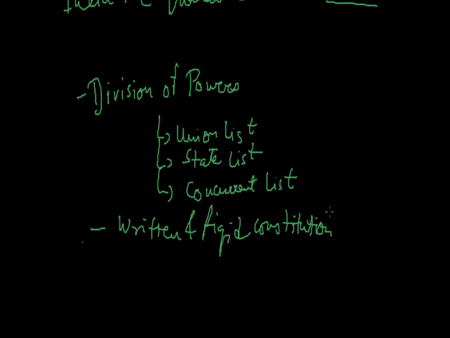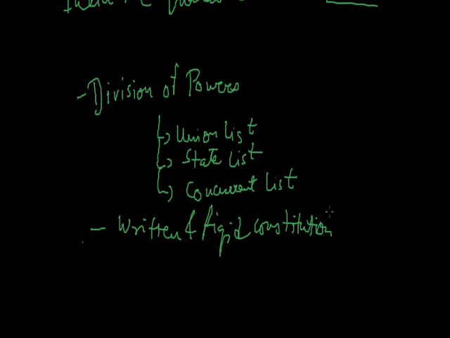And rigid means changes can be made, but no changes can be made until and unless both the state and central governments approve the change. And the constitution is supreme. It means all the powers exercised by the central and state governments are specified by the constitution.